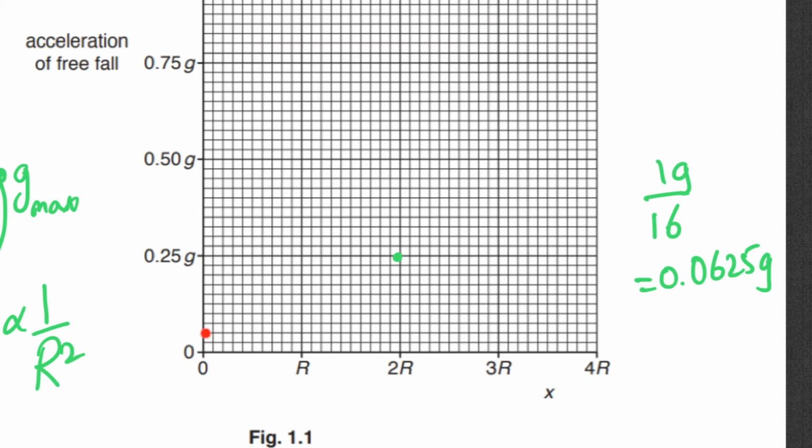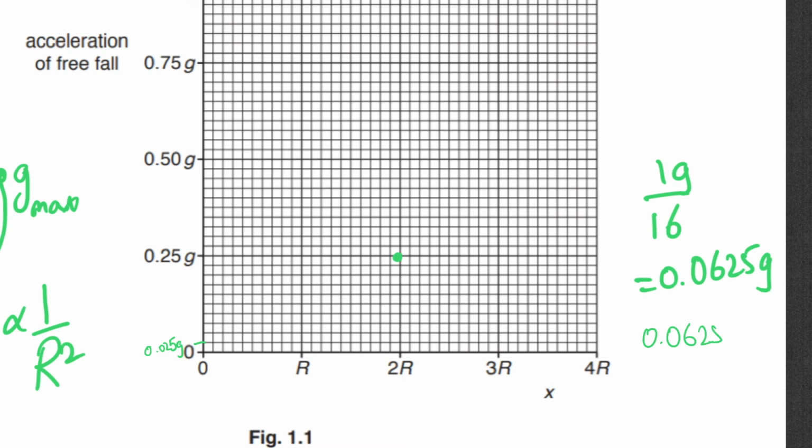So here notice that you have 10 boxes, and for 10 boxes, the value is 0.25g. So you divide 0.25 by 10. Do this in your calculator. You will get that the value of one box is 0.025g. Now you want 0.0625.